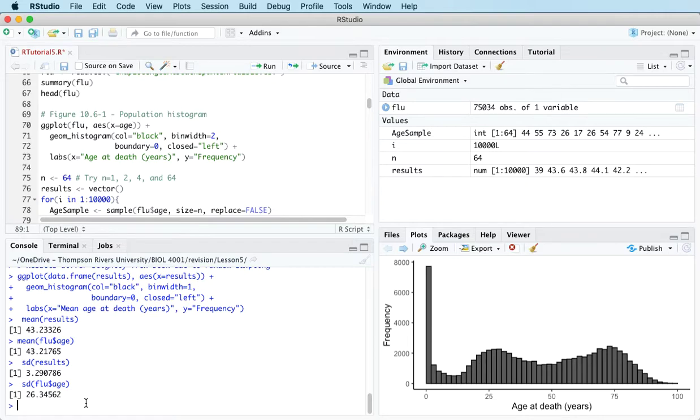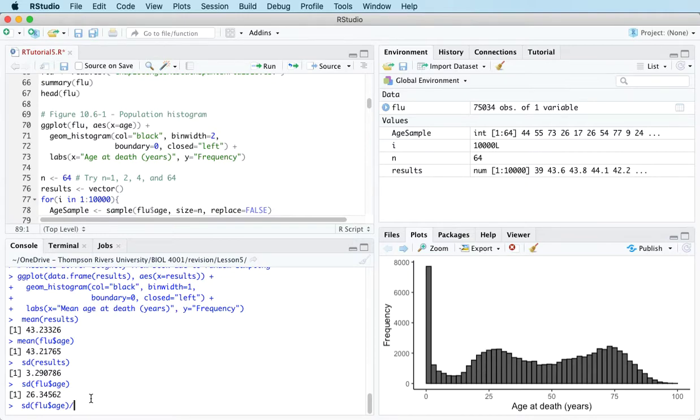It's called the standard error of the mean. The formula is given by the standard deviation of the population divided by the square root of the sample size.